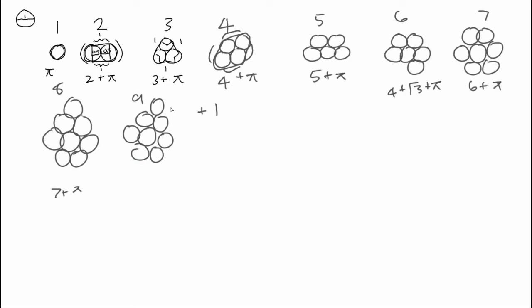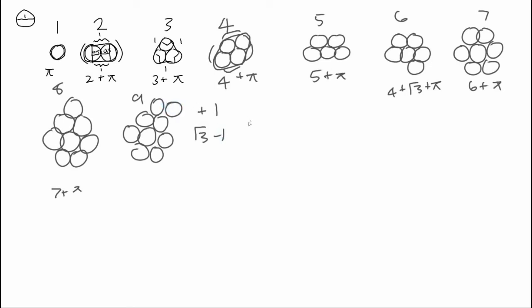What if we add it here though? Well, we're going to be taking away these 2, so it's minus 2 plus 1 plus square root 3, like we calculated before, which is going to be square root 3 minus 1.